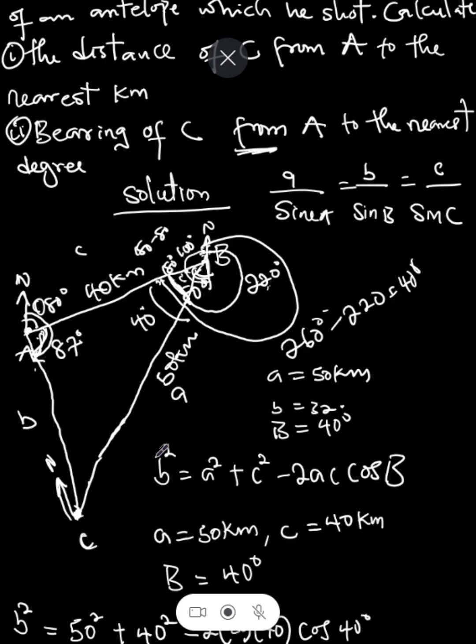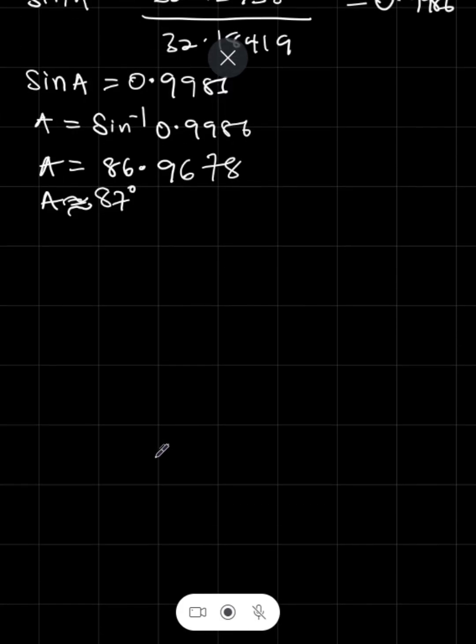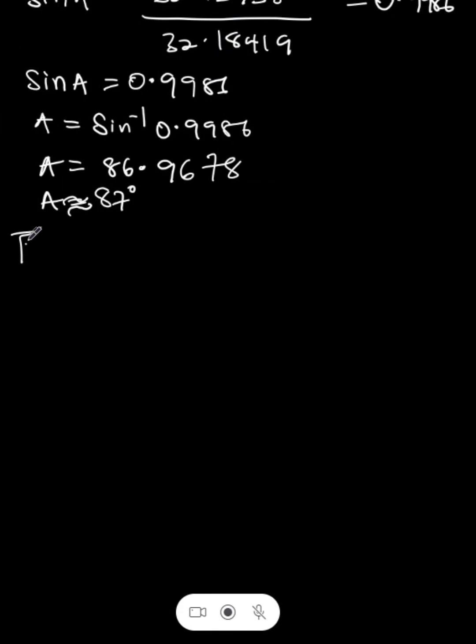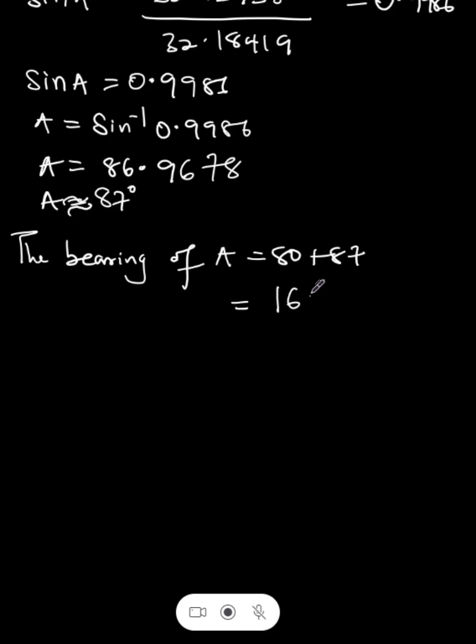So the bearing of A is equal to 80 plus 87, which gives us 167 degrees.